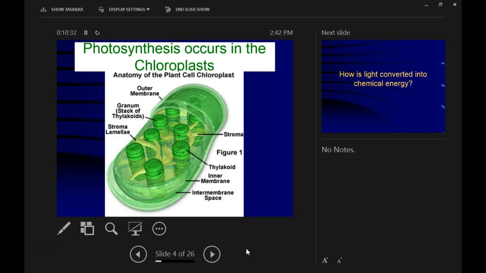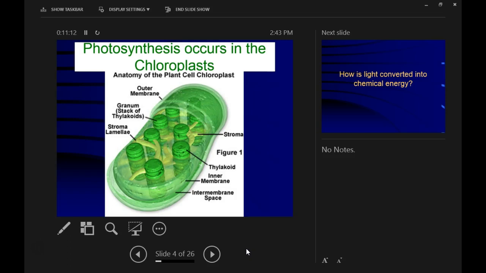Basically what happens here is that light energy is converted into chemical energy. And we'll find out that that chemical energy will be in the form of ATP and some energized electrons in a molecule called NADPH.